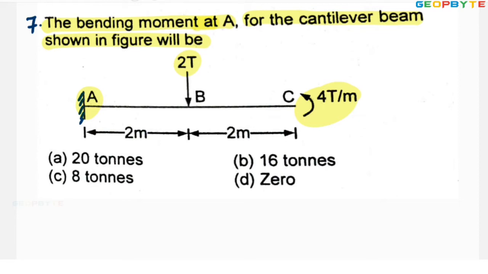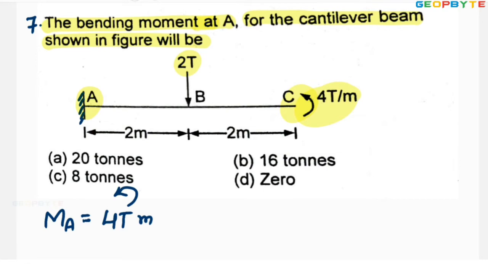Now let us find the bending moment at A. Bending moment at A equal to, at the extreme free end, moment is 4 ton meter, that is developing the anti-clockwise moment.